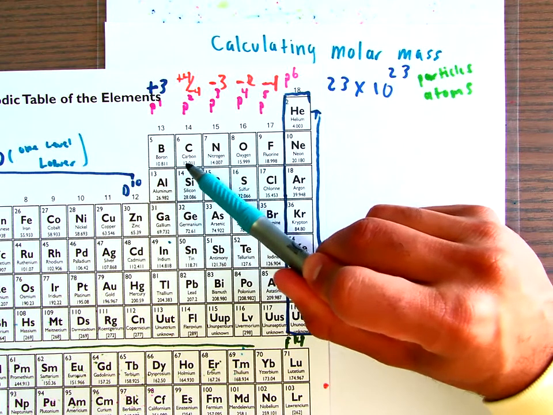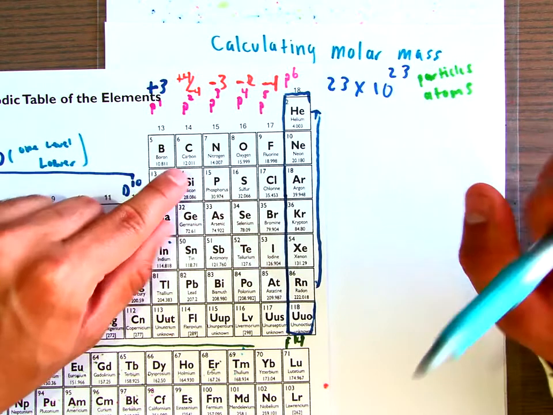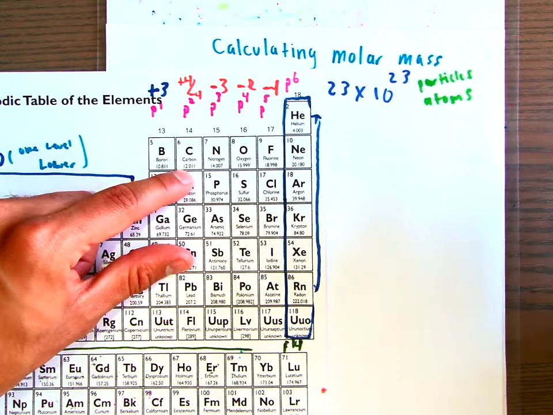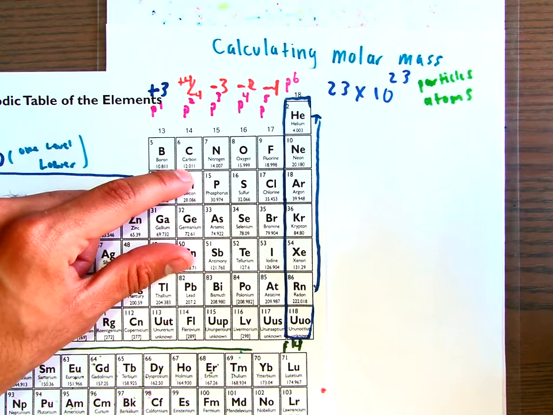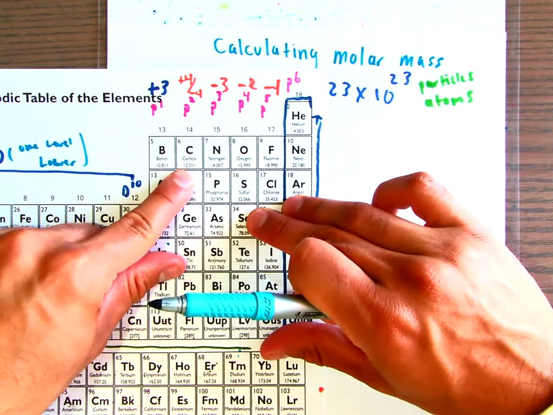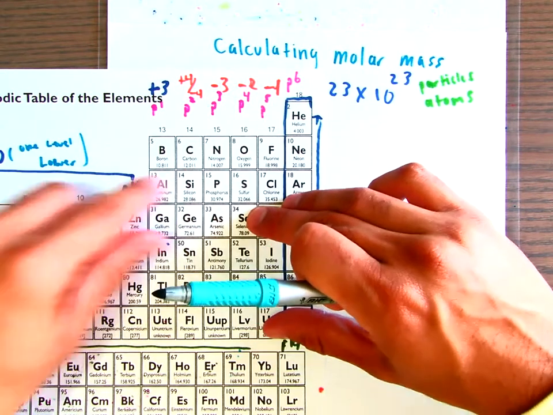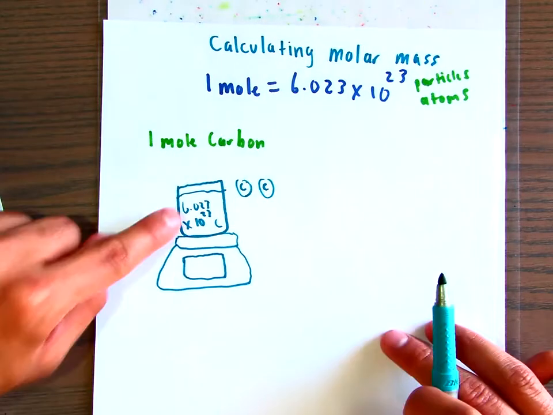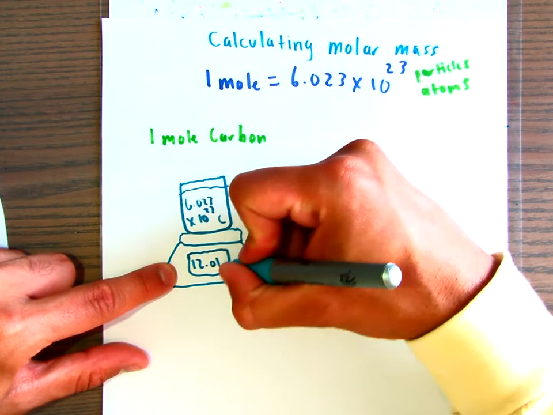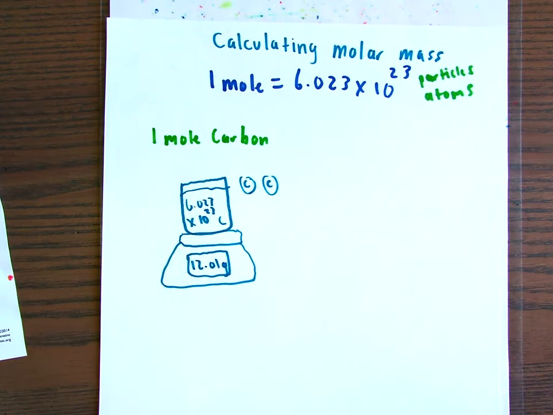So that bottom number doesn't represent the mass of 1 carbon, because atoms are extremely small. 1 carbon is going to pretty much weigh nothing. But what this number represents is the mass of 6.02 times 10 to the 23 atoms. So if I were to put this on the scale it would read 12.01 grams, right?